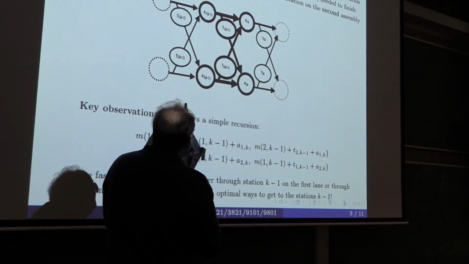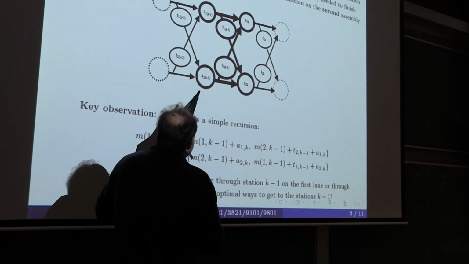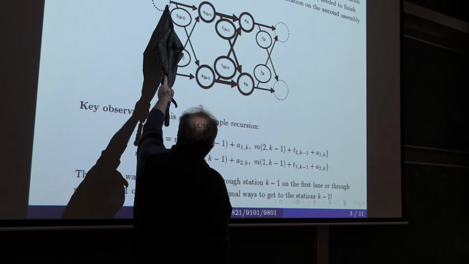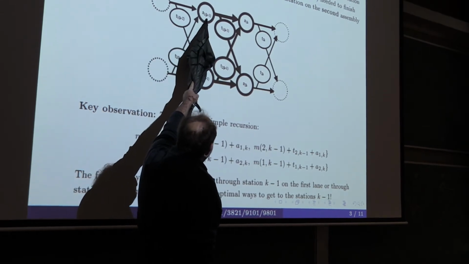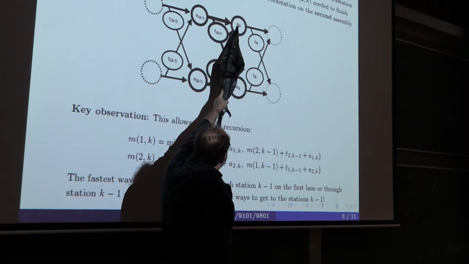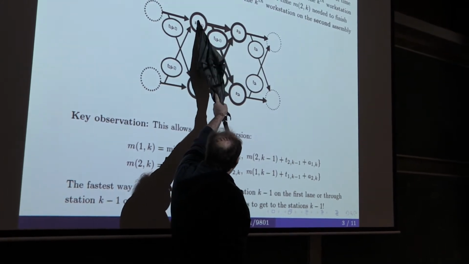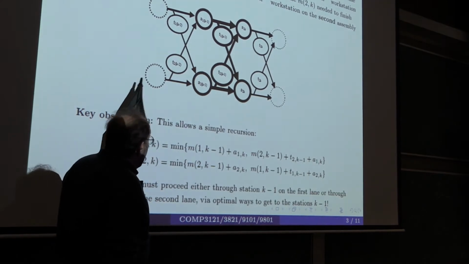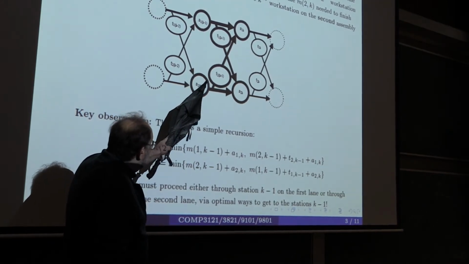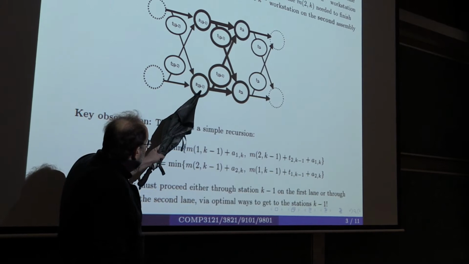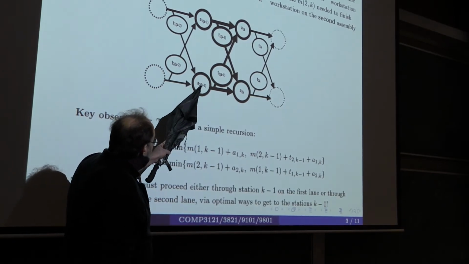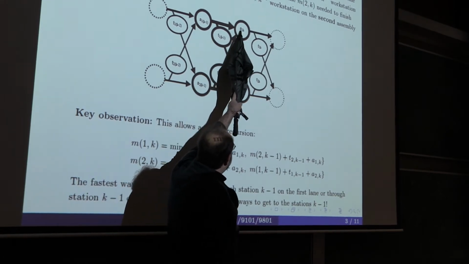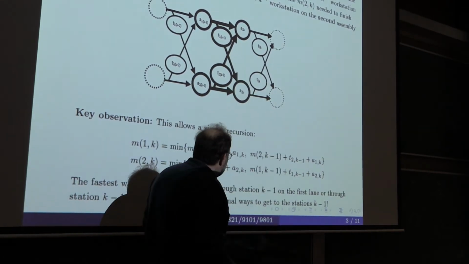So the optimal solution must be the better of the optimal way to get up to here, plus just the time to finish the kth task here, and the optimal way to get through the (k-1)th task on the second line, plus the time to transport it to the first line and then finish it off here, right?